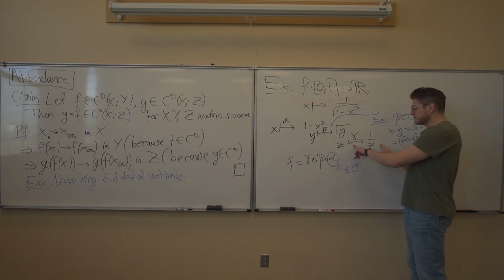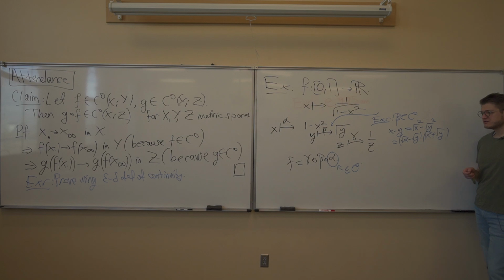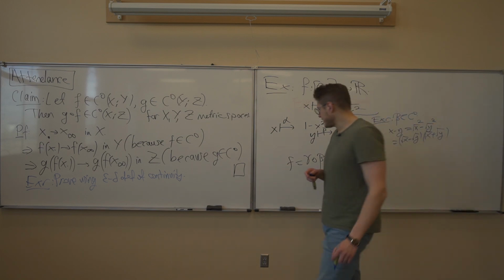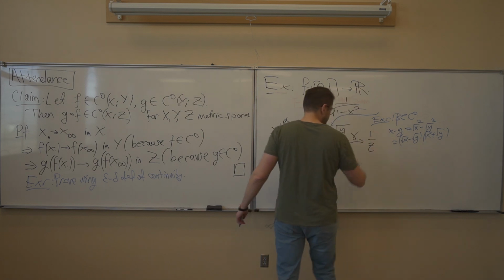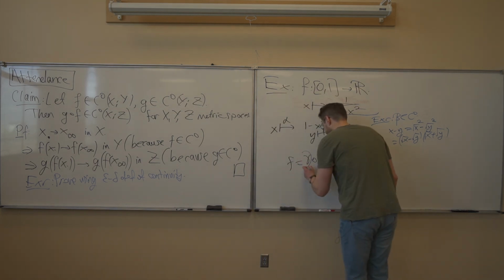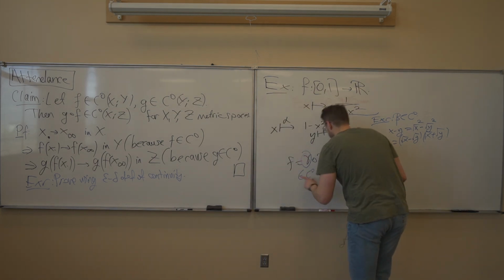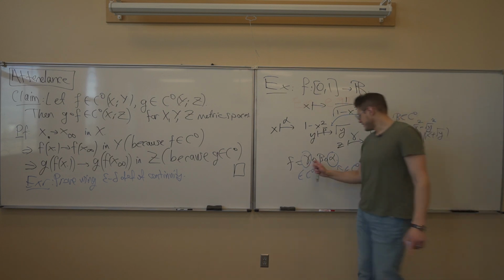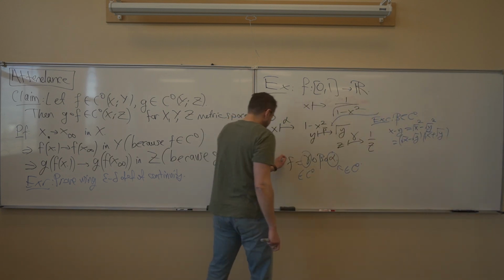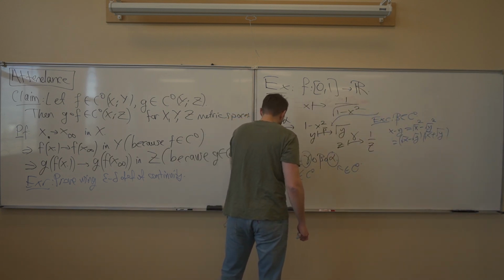And then finally, this is by one of these limit laws, or by this example that I gave on Wednesday. Because it's the ratio of continuous functions, this is also continuous. And in total, because f is a composition of continuous functions, it too is continuous.